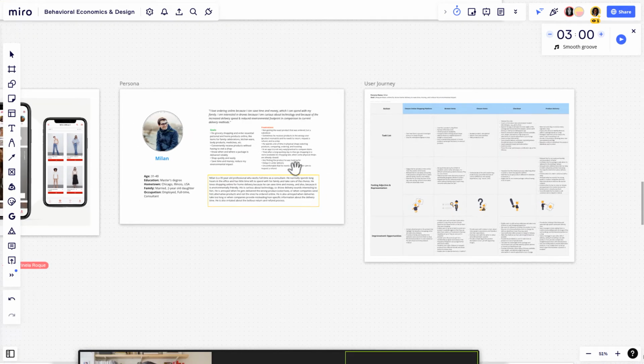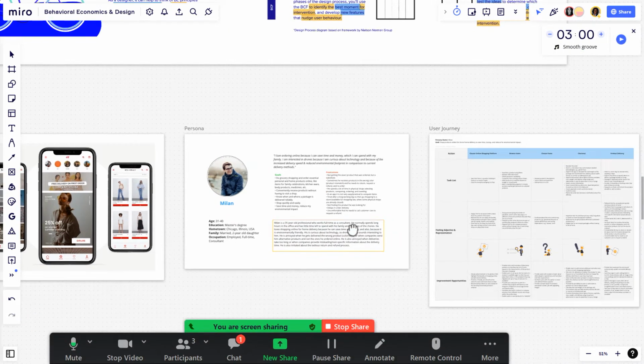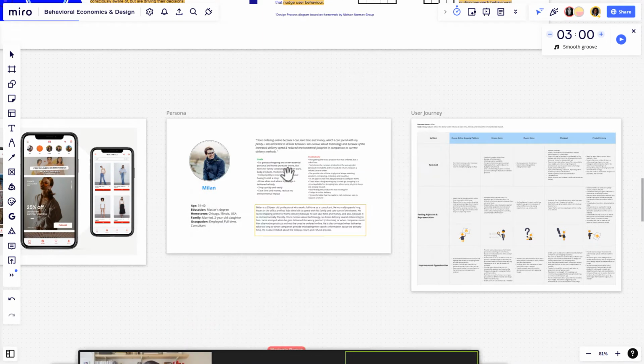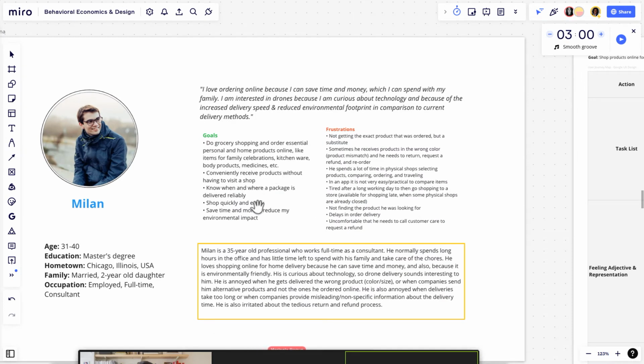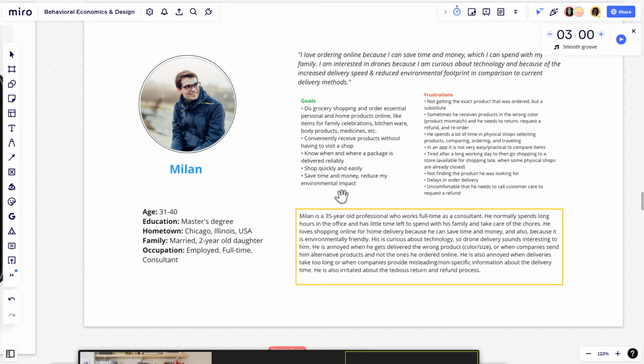But yeah, so now this part is for you to see a hypothetical persona and user journey. So this is for you just for inspiration, for reference, so that you know we normally start with understanding the human behind this technology, who we are designing for.